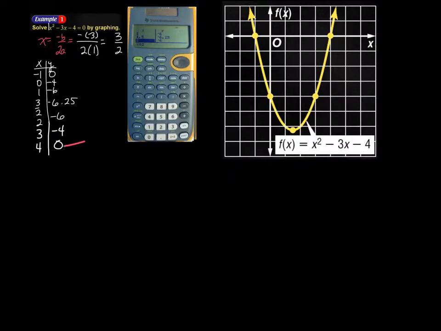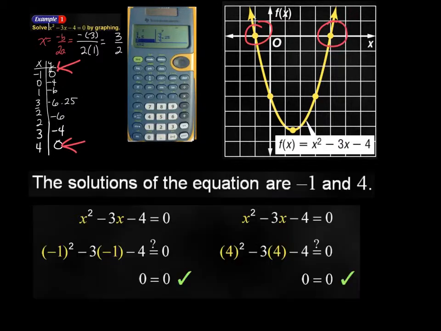If we pay attention to our table, our zeros are right there in the table, but we can plot points and see them visually there as well. I'm going to be lazy and just show you the check step, but it'd be easy enough to do either in your head or on your calculator. If you substitute in -1, squared is 1, plus 3 is 4, minus 4 is 0.